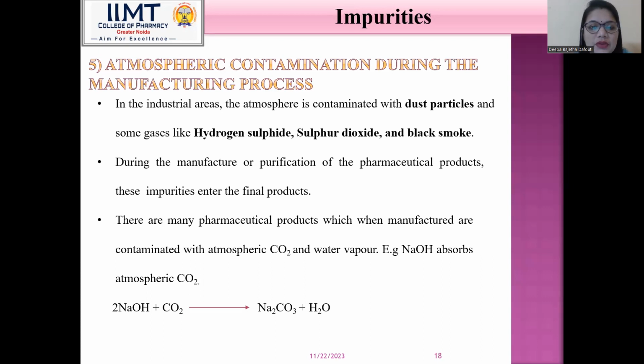There are many pharmaceutical products which, when manufactured, get contaminated with atmospheric CO2 and water vapor. For example, sodium hydroxide absorbs atmospheric CO2. When NaOH is treated with CO2, it gives sodium carbonate and water vapor.